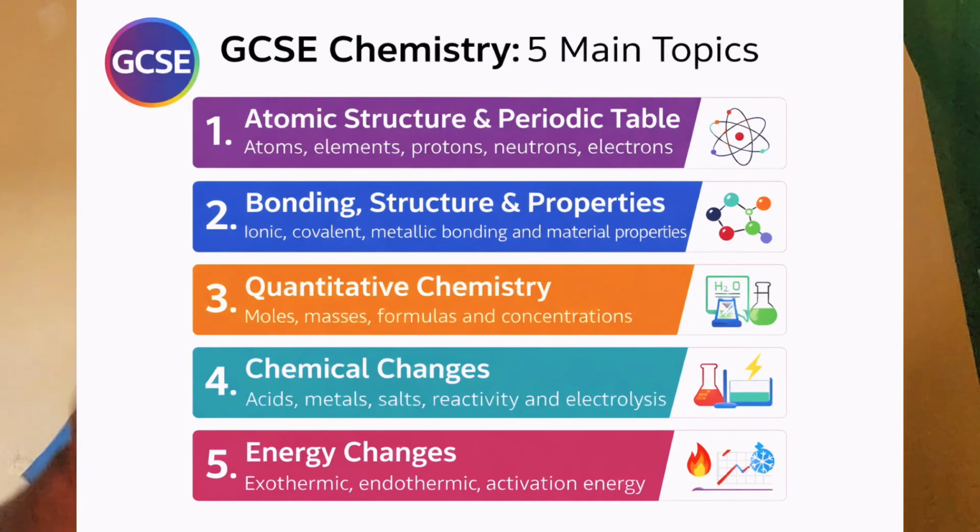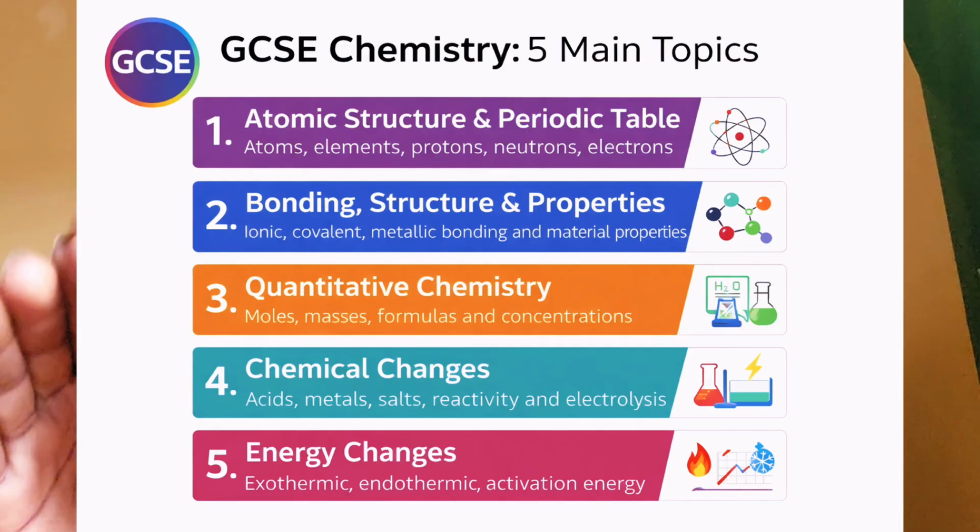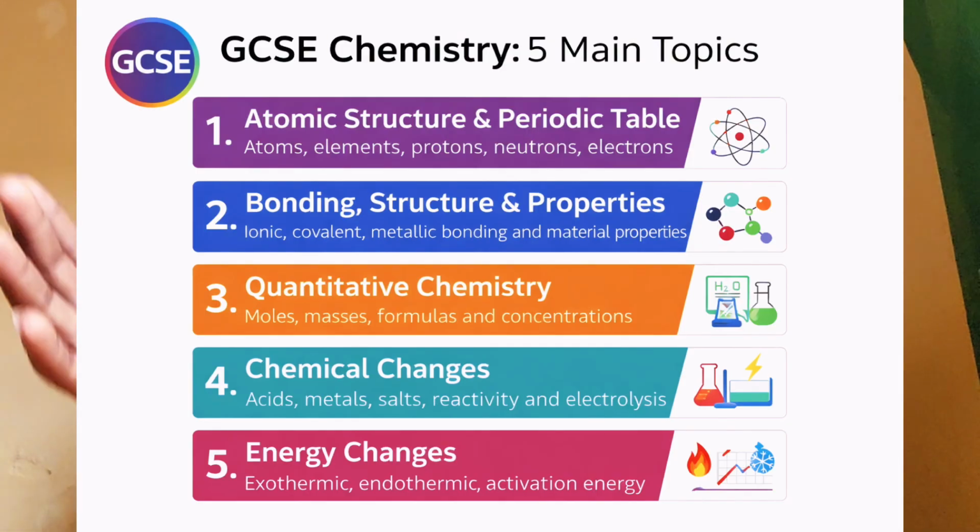But it will surprise you to know that all these topics are centered around five major areas in the GCSE examination. The first of them, without wasting time, is atomic structure and the periodic table, meaning they go together, right?